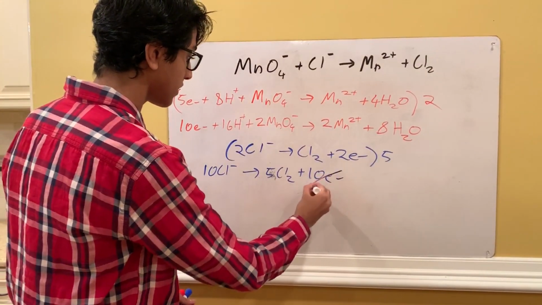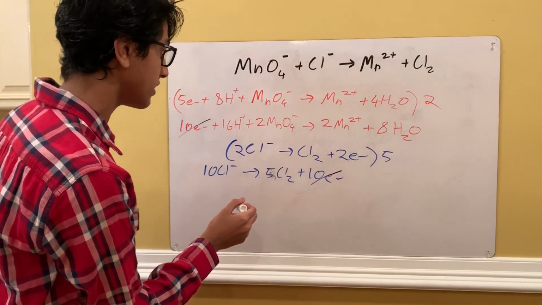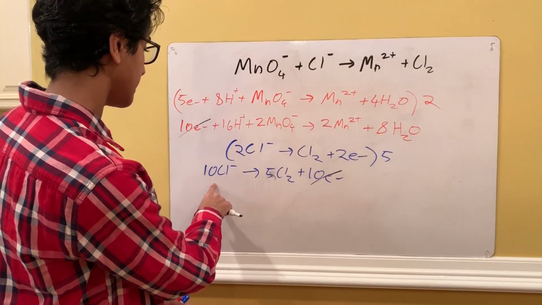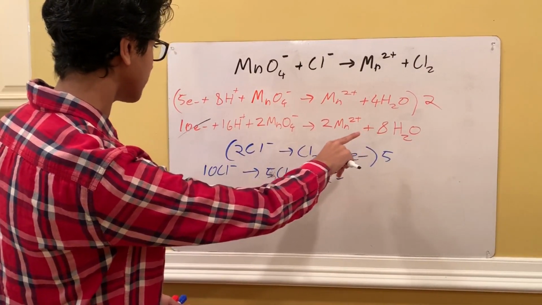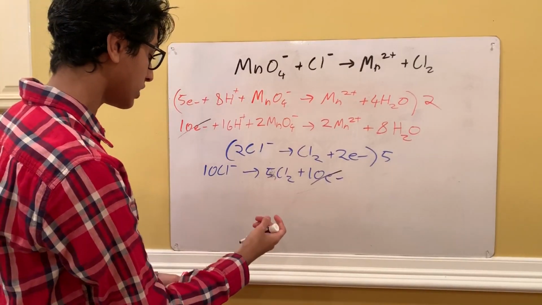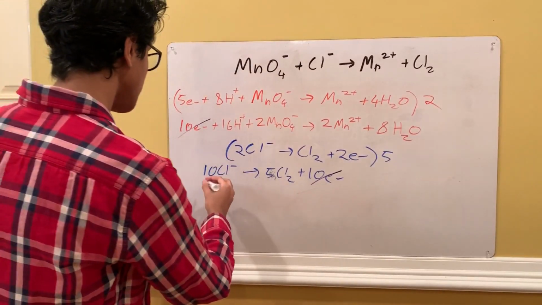So we can just cancel those out. And then let's see if there's anything else we can cancel out. Cl, and then no other Cl's in the products. Okay, so we're good with canceling everything out, and we can start writing down our final equation.